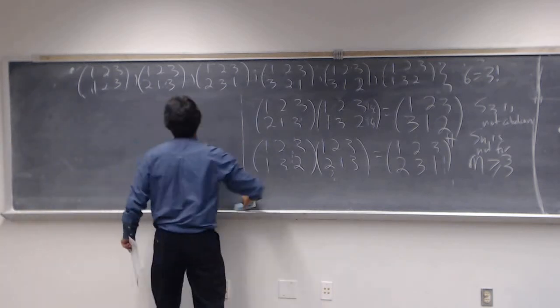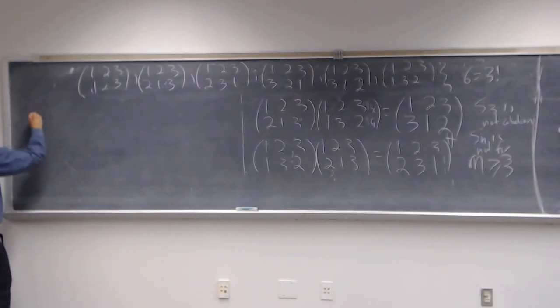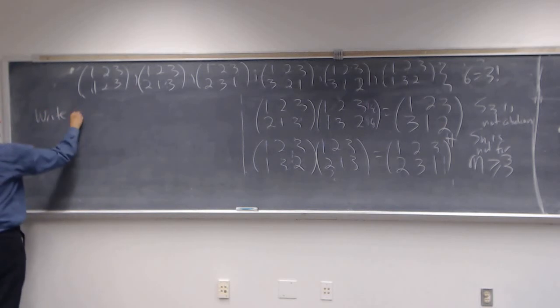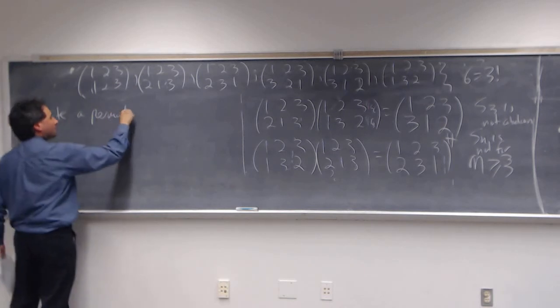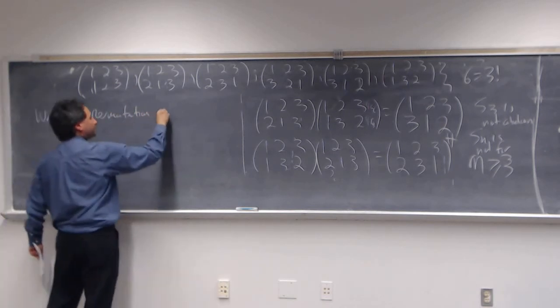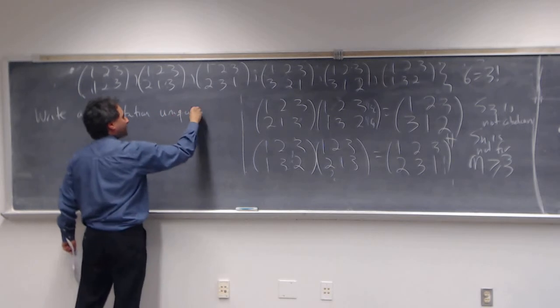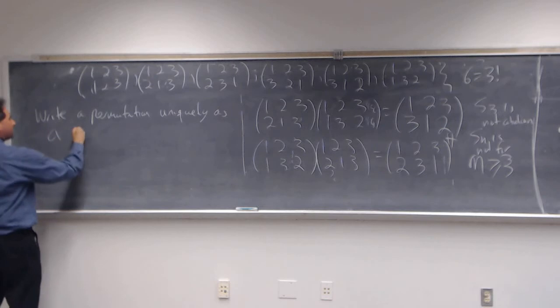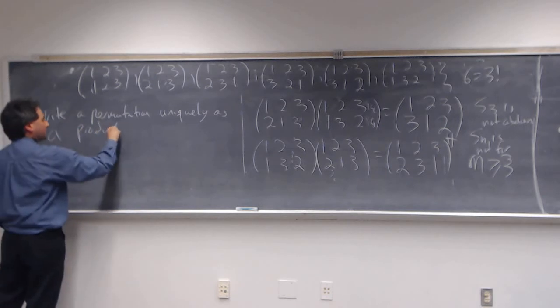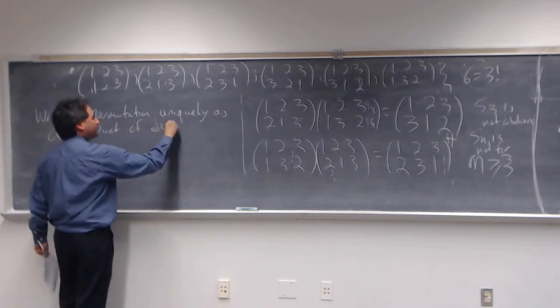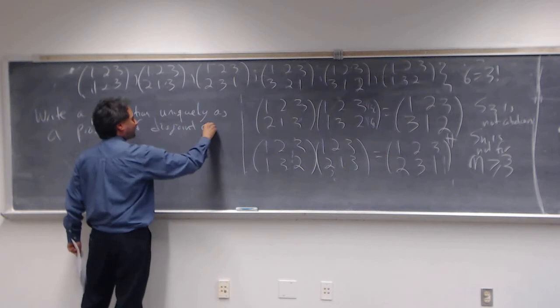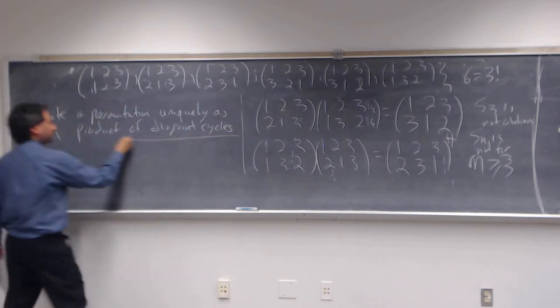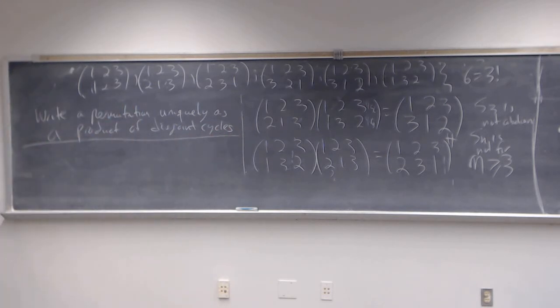One way to do it is you can write a permutation uniquely as a product of what I call disjoint cycles. Okay, so we have some theoretical things on what these cycles actually are, but let me first apply it to some example.